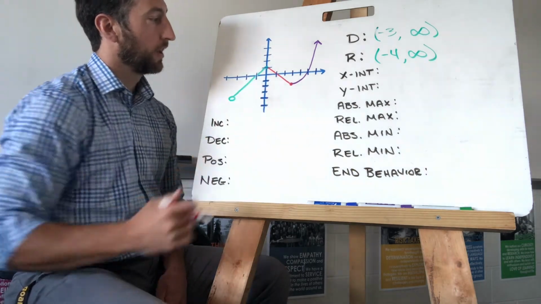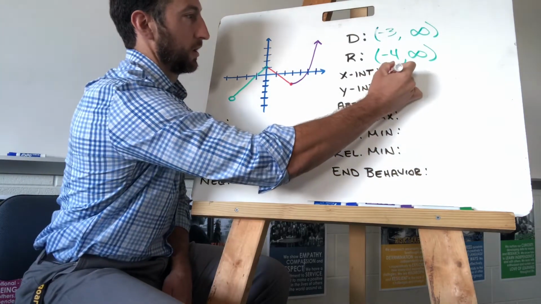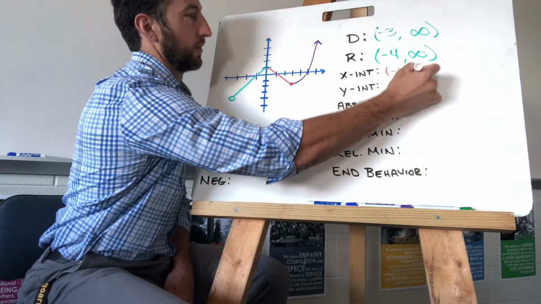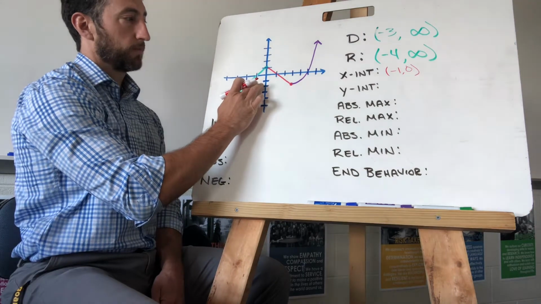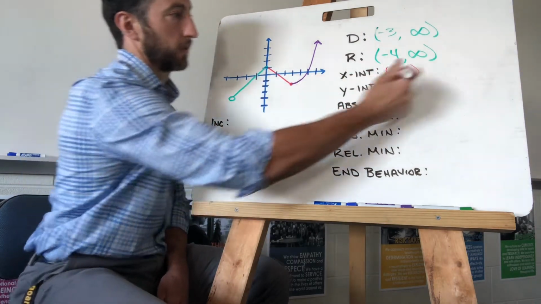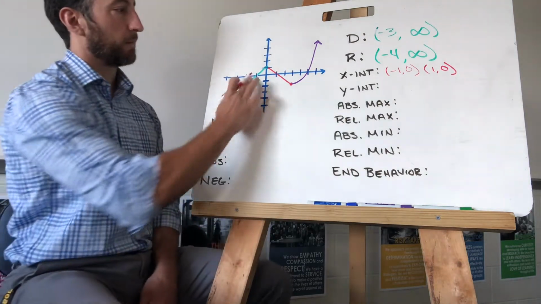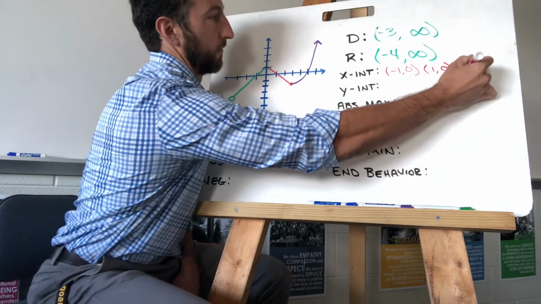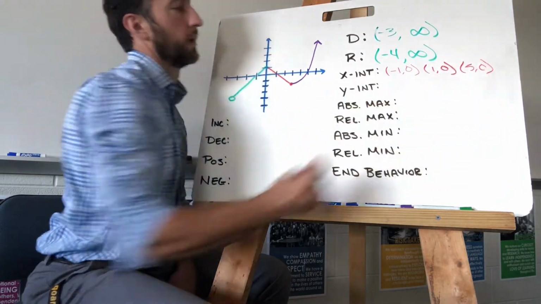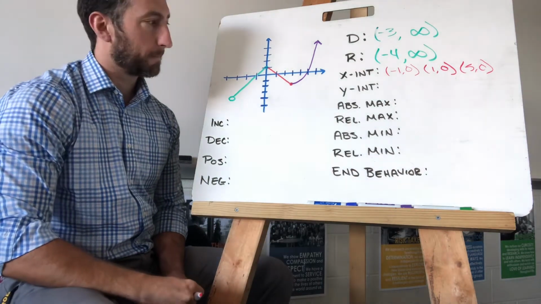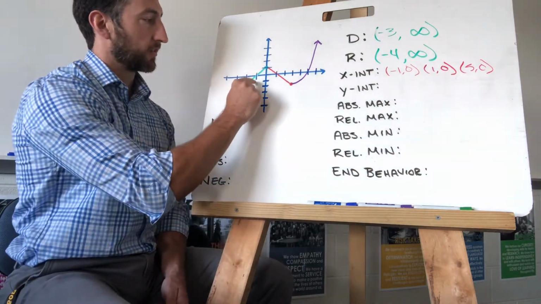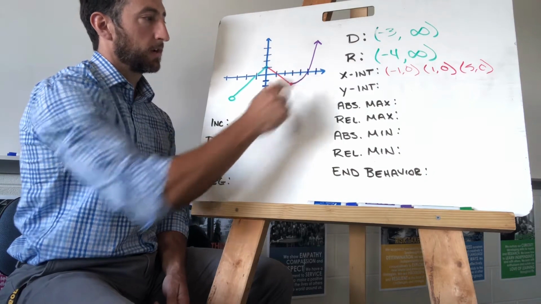So we've got -1, 0, that's going to be my first one. Then the next one is 1, 0, and my last one is going to be 5, 0. So those are my x-intercepts, here, here, and here.